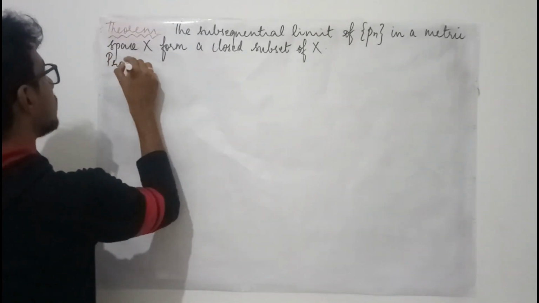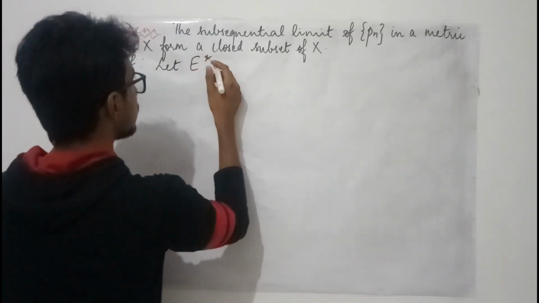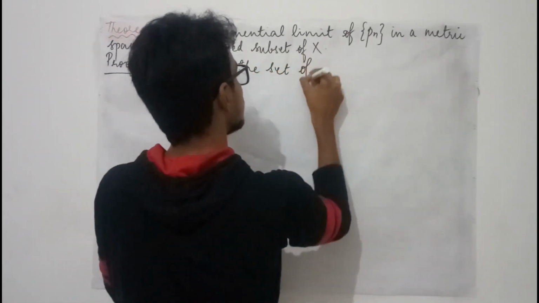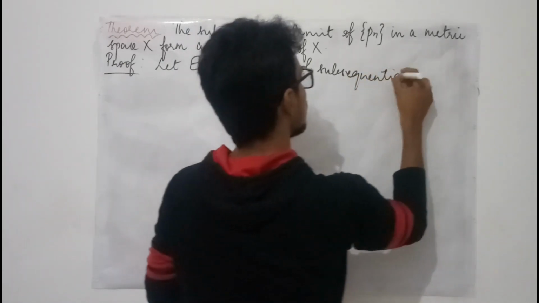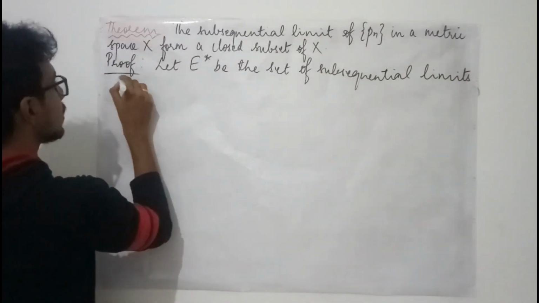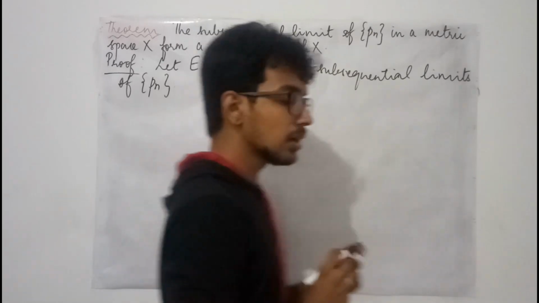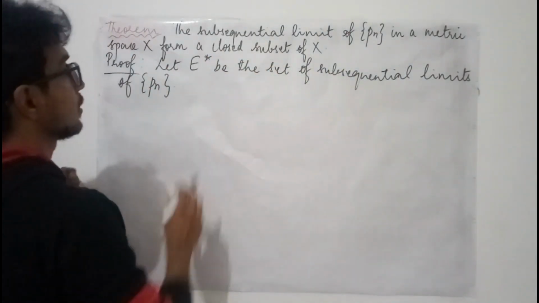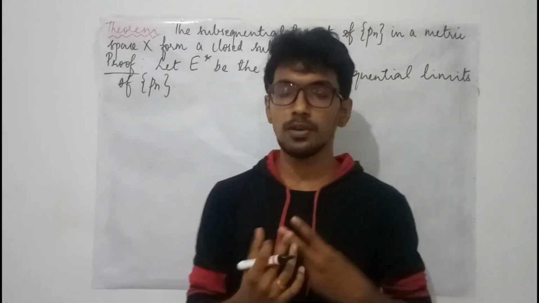Let us start the proof formally. Let me denote E star to be the set of subsequential limits of the sequence Pn. Now I have to prove this is a closed subset of X. In order to prove a set is closed, what should we prove?